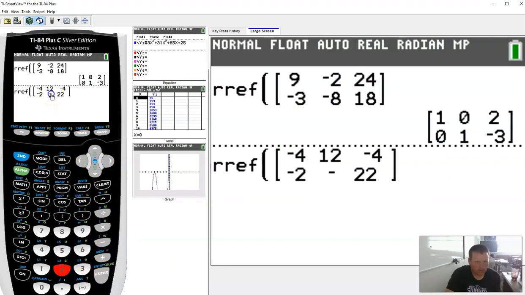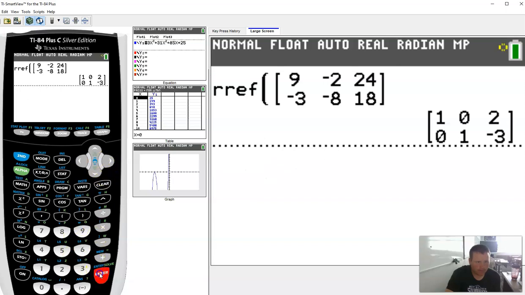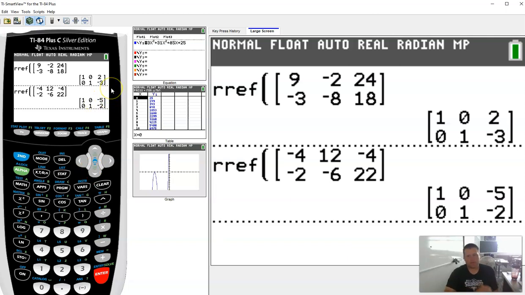And then hit enter, and it gives us the exact same thing.